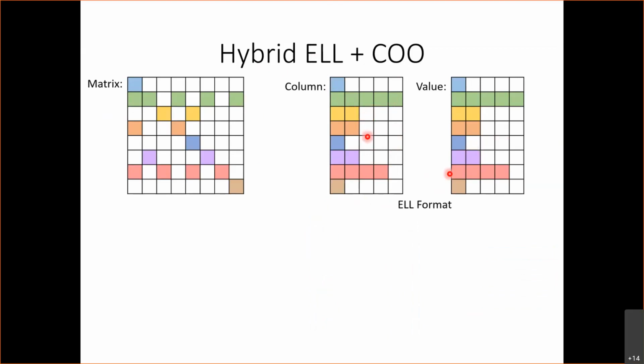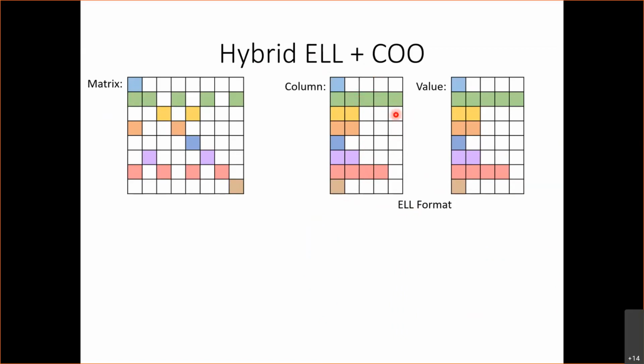Now, what we can do to overcome this problem is rather than using ELL, we can use a hybrid between ELL and COO. We can find some number where most of these rows are below that number and use that as the width of our ELL representation. And for the rows that exceed that number, we can put the remaining non-zeros in COO.